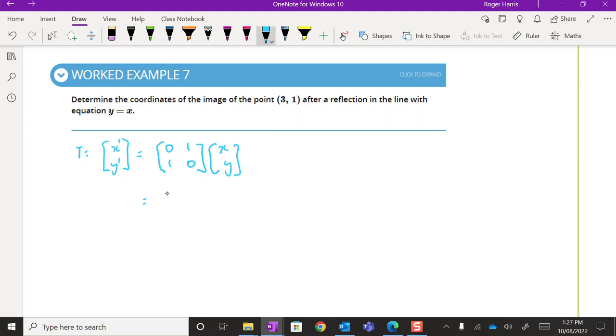So go through and substitute my values in, 3 and 1. Sorry, going too fast. Therefore, the coordinates of the image are going to be 1, 3.